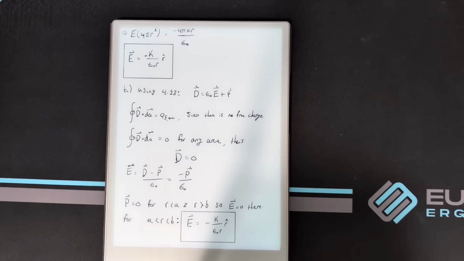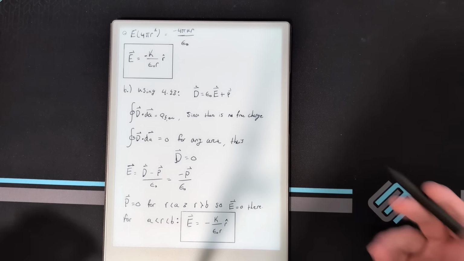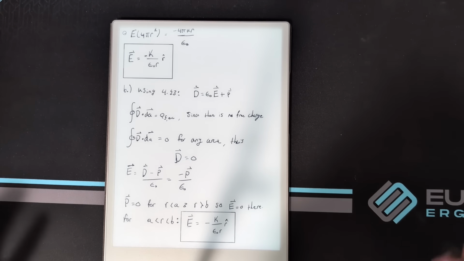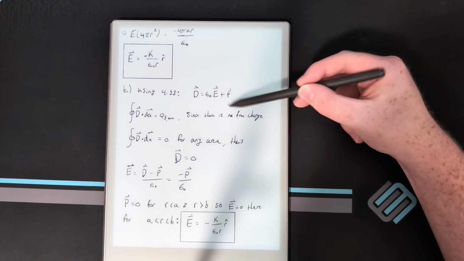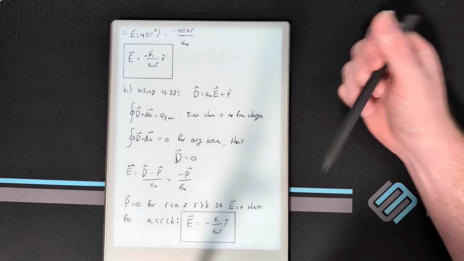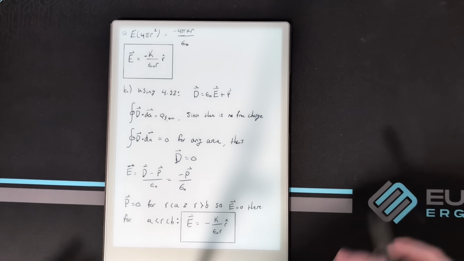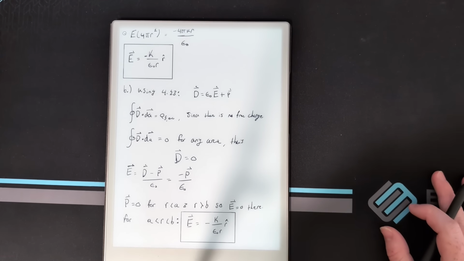But you can also use the displacement field to derive the electric field, and that can be much easier given that you know the polarization. Especially when you have no free charge in the problem, only polarized bound charges, that's when this second method becomes more useful.